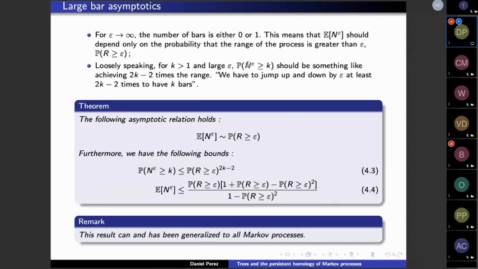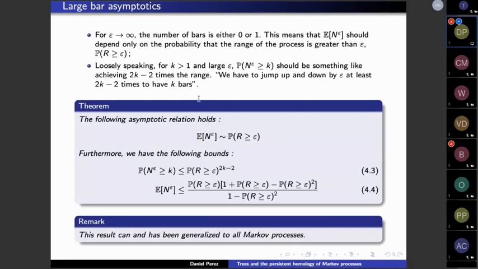But then if we want 2 bars, then we need to come down and then go up again by epsilon. So this is why you have this 2k minus 2 factor here. And so essentially, what you have to do is jump up and down by epsilon at least 2k minus 2 times. And the probability of doing this is essentially the range being greater than epsilon. And so it should sort of depend on something like this.